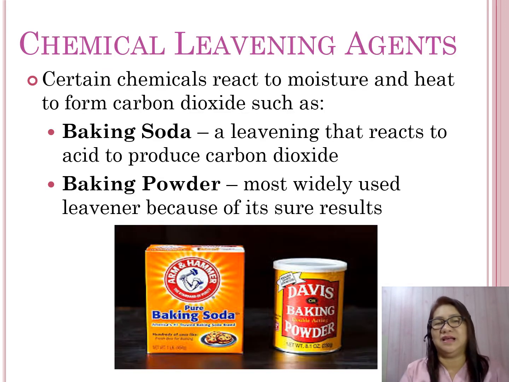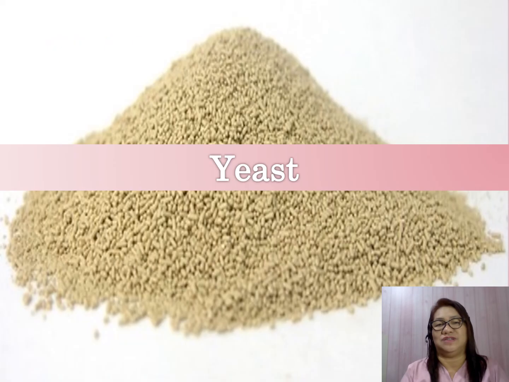The chemical leavening agents are certain chemicals that react to moisture and heat to form carbon dioxide, such as baking soda, a leavening that reacts to acid to produce carbon dioxide, and baking powder, the most widely used leavener because of its sure results.